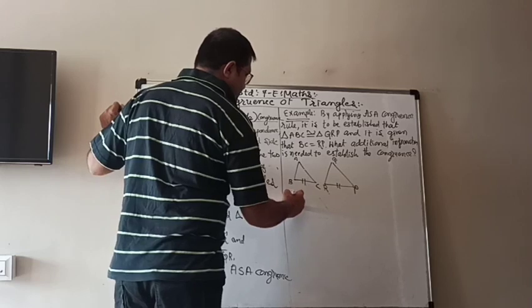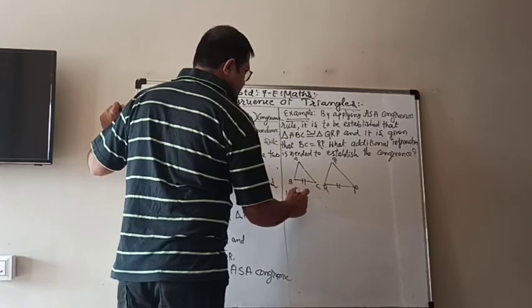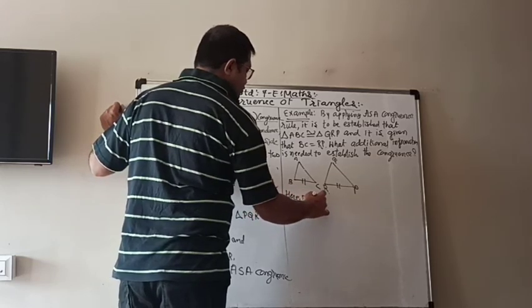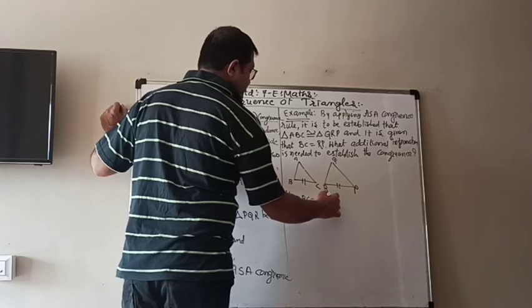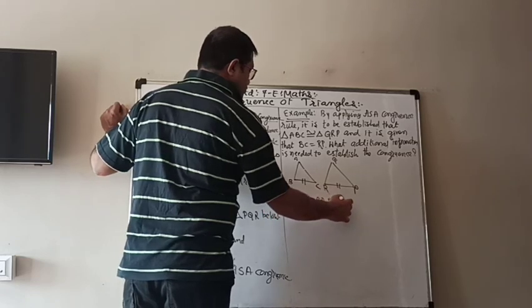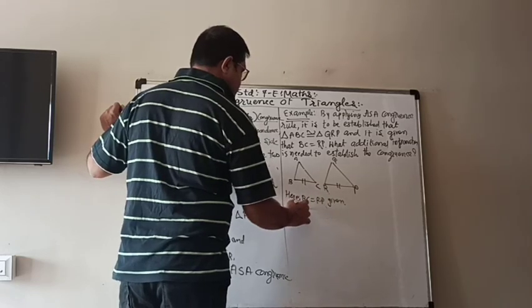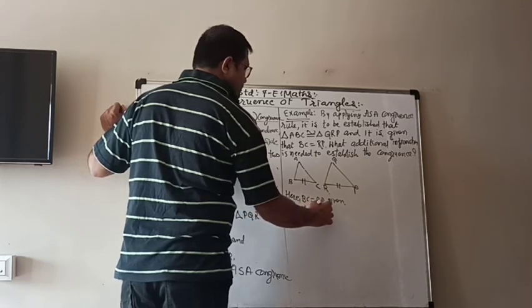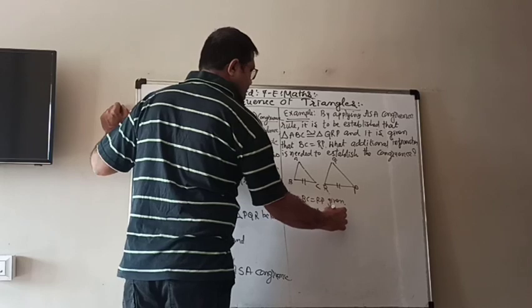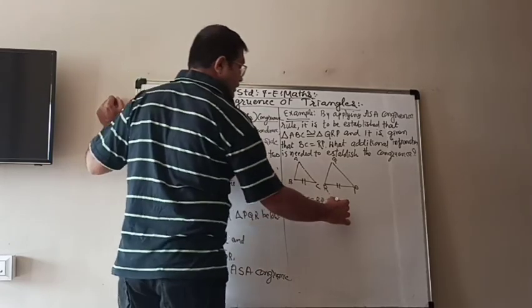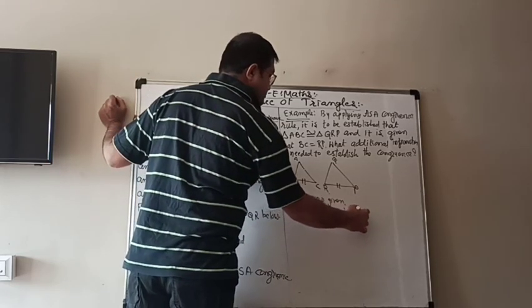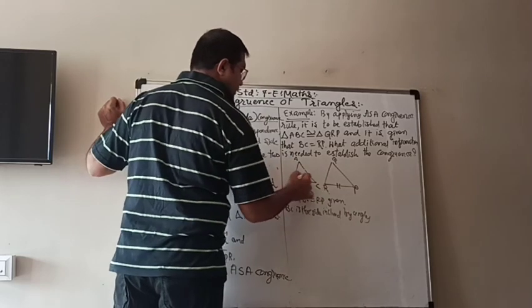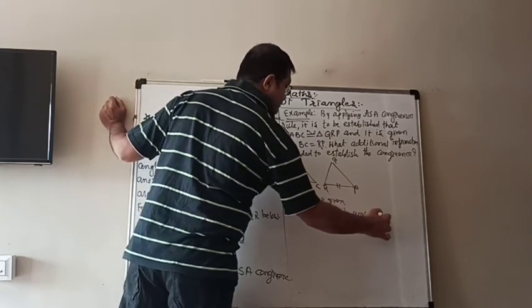So here BC is equal to RP, given. Now BC is the side included by angles. Which angles are there? Angle B and angle C.